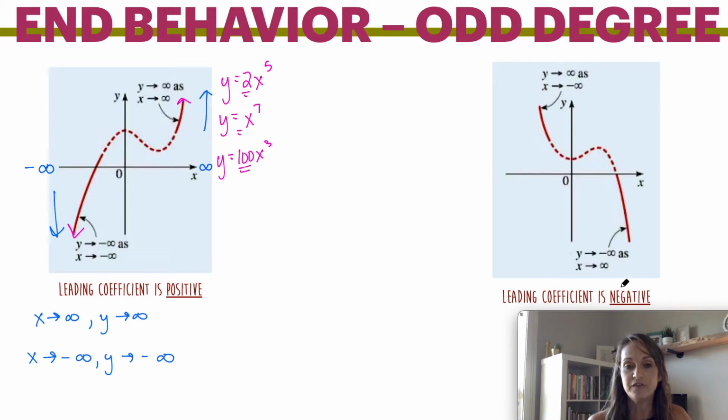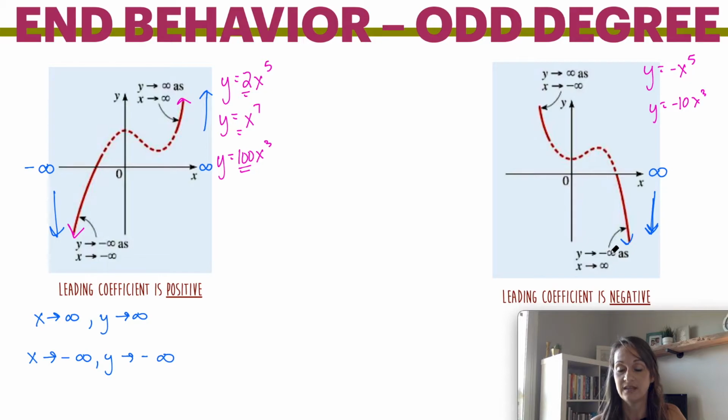If the leading coefficient is negative, so for example, if we had y equals negative x to the fifth or y equals negative 10x to the third, then the opposite is going to happen. As x is getting very, very big in the positive direction, this is where the graph goes down, where all the y values are going in the negative direction.